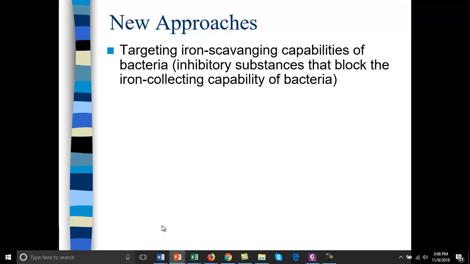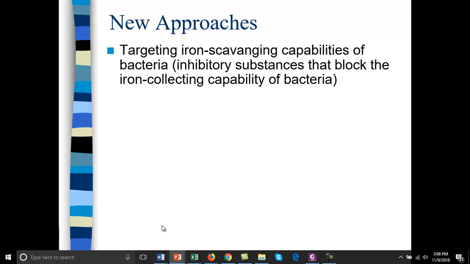So there are new approaches that basically try to circumvent natural selection. One of the ways that this can be done is just to target the iron scavenging capabilities of bacteria. So you just find substances that will block the bacteria's ability to collect iron.